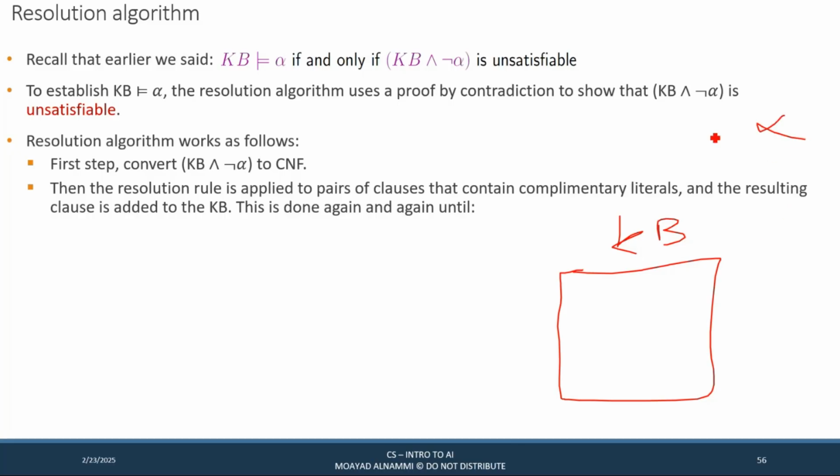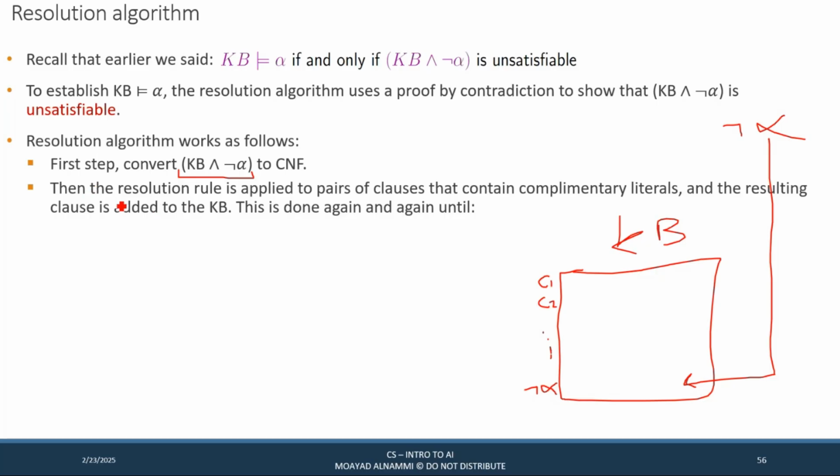This is your alpha. What you do is negate your alpha and add it to your KB. Why do we want to add it to your KB? Because if you add it to your KB, you get KB and not alpha. Then your KB consists of clauses because you've already converted it to CNF, including the not alpha, which is also a clause in CNF format.